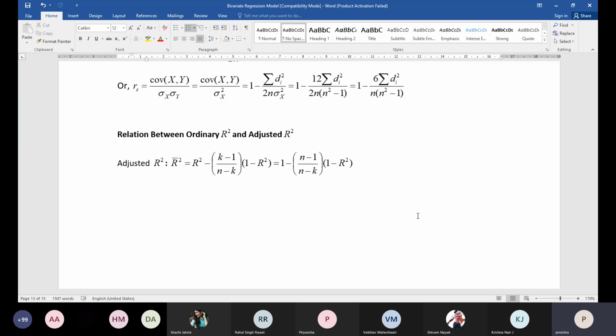We can also examine if a variable is having acceleration or deceleration by estimating, say, a quadratic trend equation, like log of yt is equal to alpha plus beta t plus gamma t square plus say ut. We can estimate this quadratic trend equation and examine if the variable is having acceleration or deceleration.